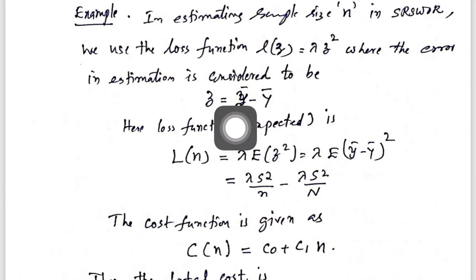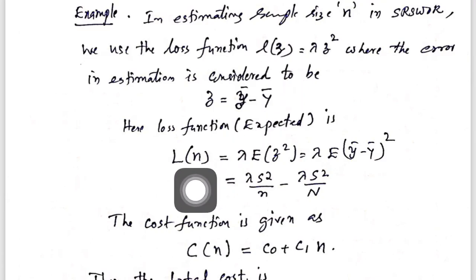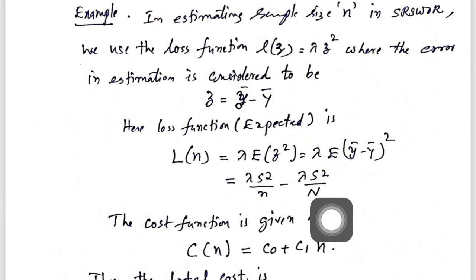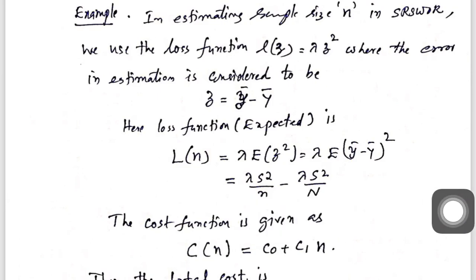Small l is the loss function and capital L is the expected loss function. And you know, expected loss function will be a function of small n. Capital N is a fixed quantity, but small n we don't know, and we have to obtain the optimum value of this small n.